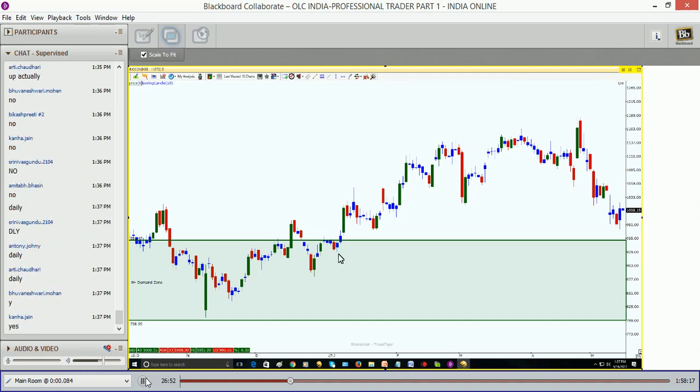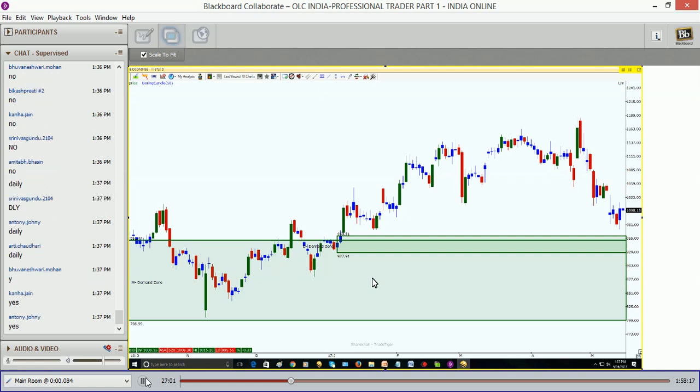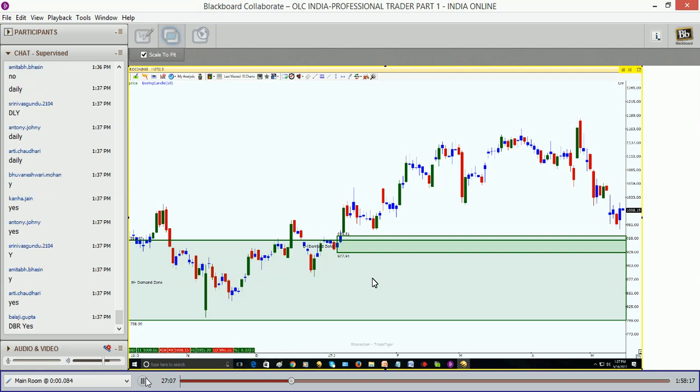In my zoning time frame, would you all agree that I have a drop base rally over here? This drop base rally is coinciding with my higher time frame, yes or no?